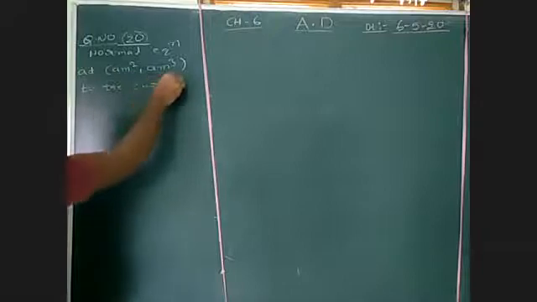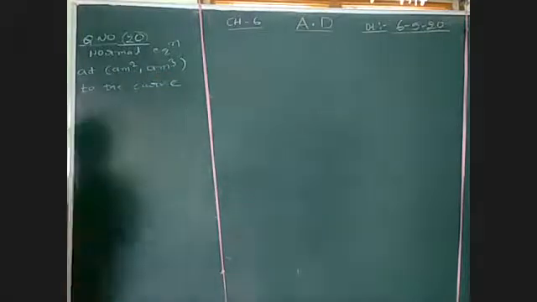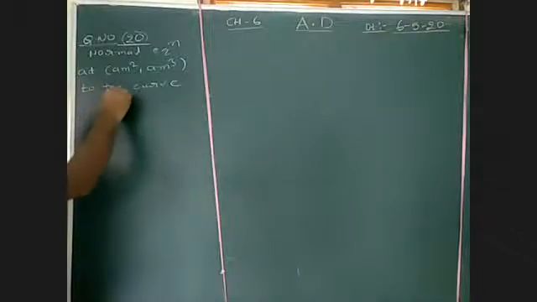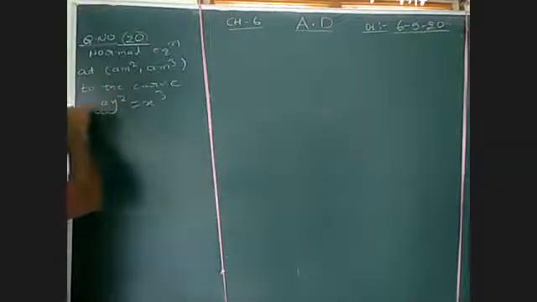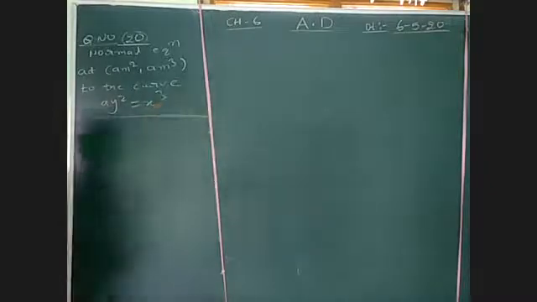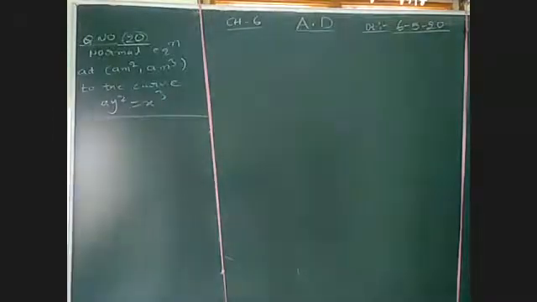What is the given equation of the curve? a y square is equal to x cube. Clearly, they have given one point and the equation of the curve. We need to find the normal equation.